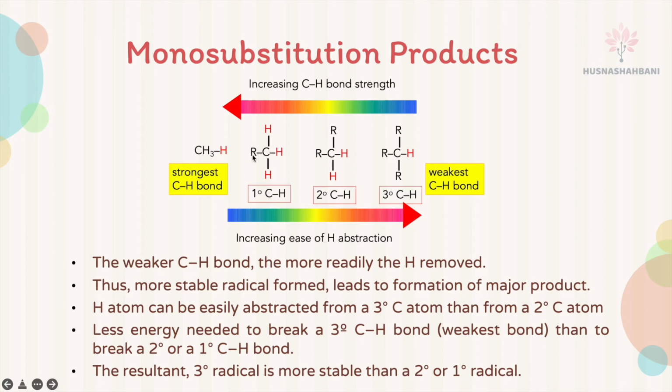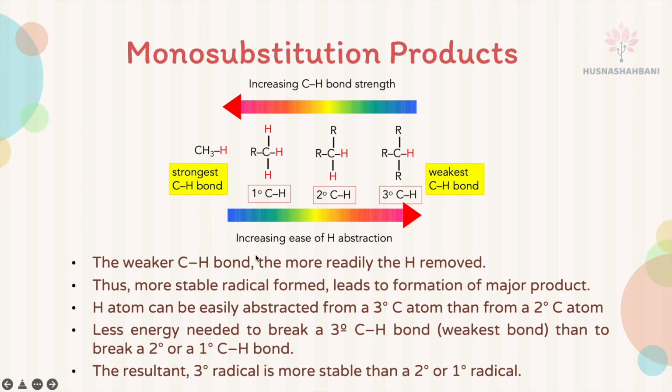A primary carbon attached to one alkyl group is less strong than the one with all hydrogens. Then the secondary carbon is weaker, and the hydrogen attached to the tertiary carbon has the weakest carbon-hydrogen bond. So the tertiary carbon has the weakest carbon-hydrogen bond.